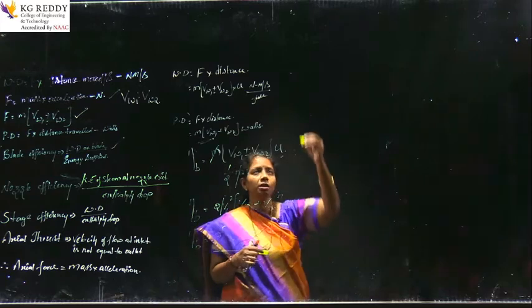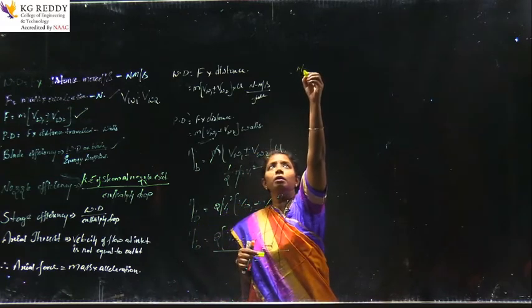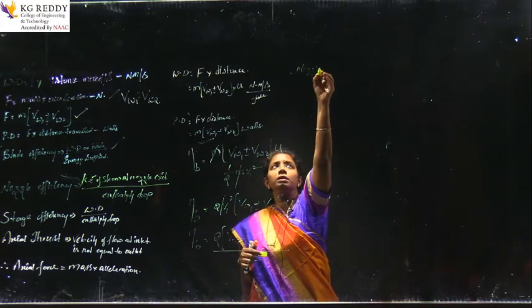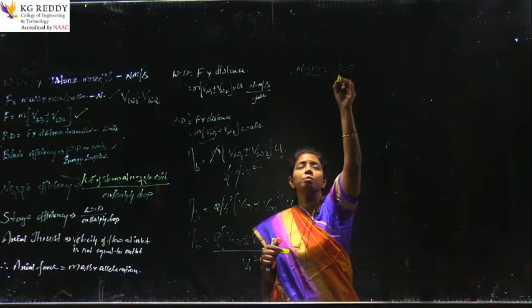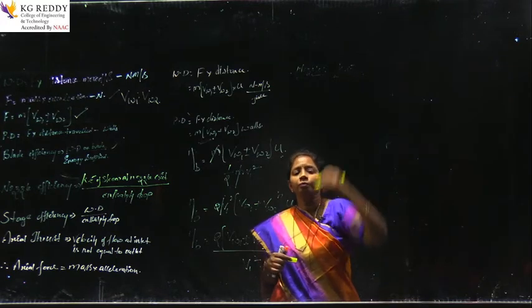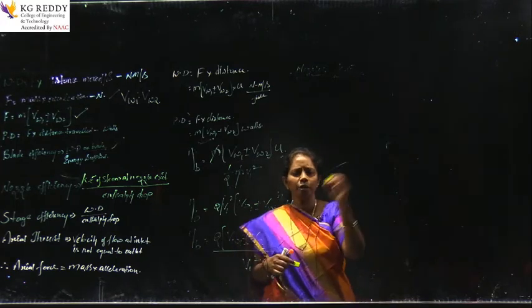Now, the nozzle efficiency is given as a ratio of the kinetic energy that you have in the stream at the exit of a nozzle. Everyone is clear with the shape of the nozzle, right.